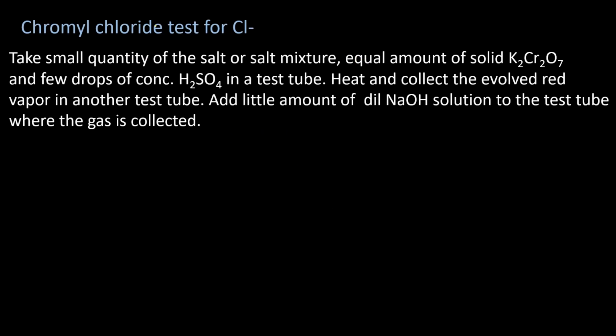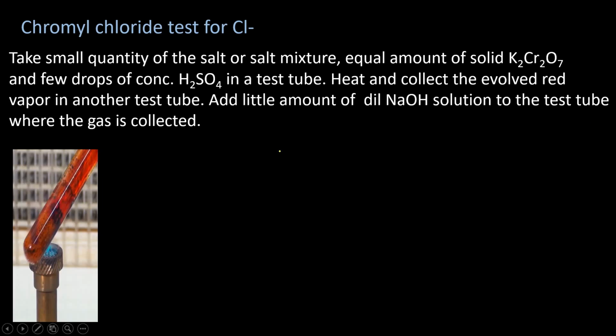Now coming to the chromyl chloride test for chloride. Take a small quantity of the salt or salt mixture, an equal amount of solid potassium dichromate and a few drops of concentrated sulfuric acid in a test tube. Heat and collect the evolved red vapor in another test tube. Add a little dilute sodium hydroxide solution to the test tube where the gas is collected.